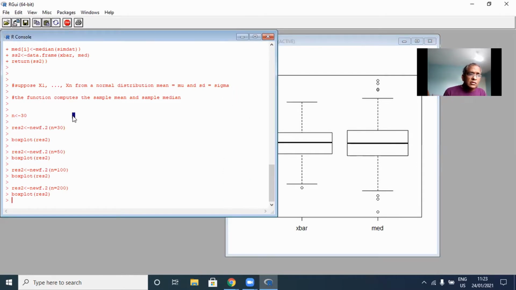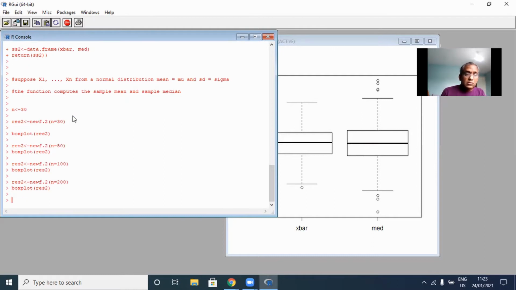Okay, now another result that I mentioned in one of the lecture videos: if you have a random sample from a normal distribution with mean mu and standard deviation sigma, then the sample mean is also normally distributed with mean equal to mu and standard deviation equal to sigma divided by root n.